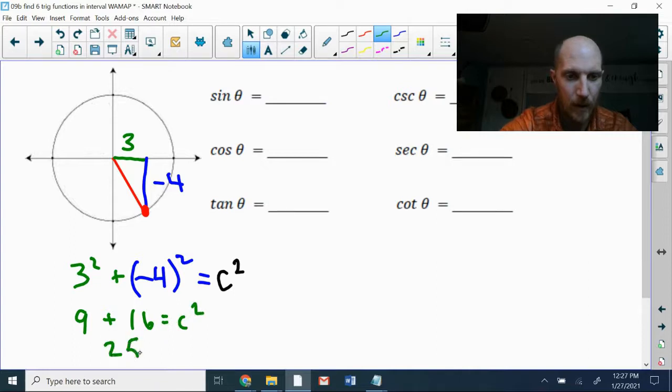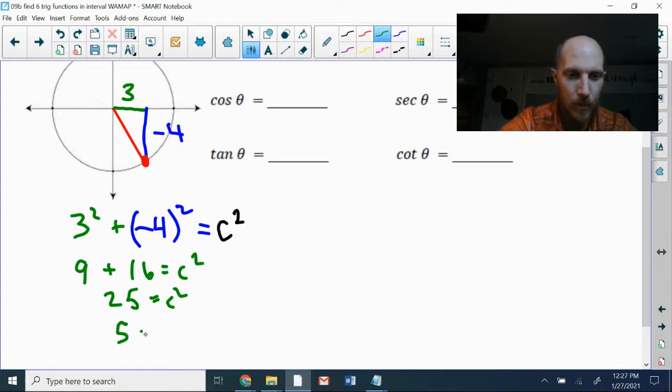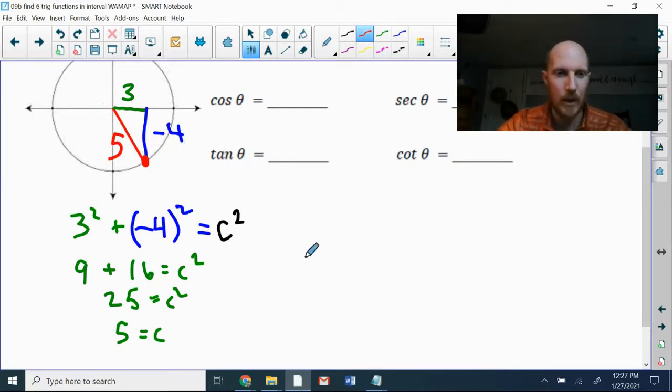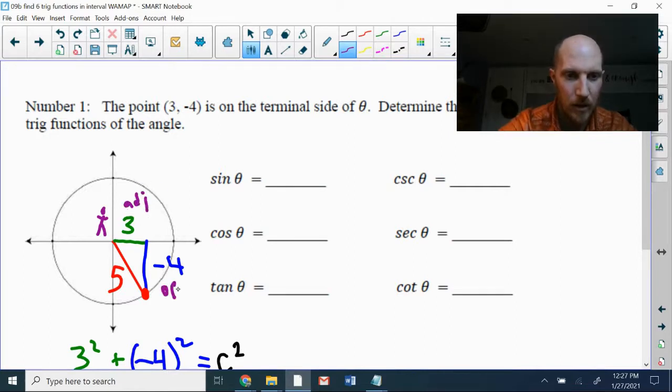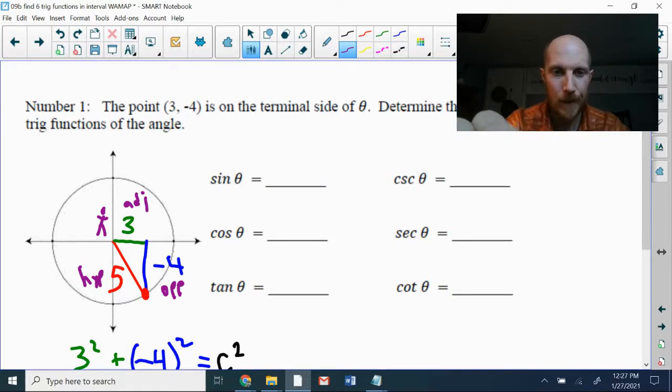That'll be 25 equals c squared. Then square root both sides to get 5. There's my hypotenuse, with a length of 5. And to help the visualization, there's my little graph walker standing at the origin. So this is the adjacent side, the opposite side, and that one's the hypotenuse. I am now ready to create all of my trig ratios.